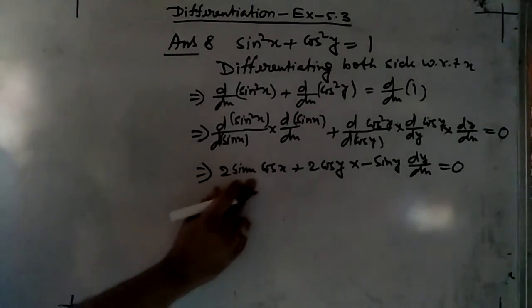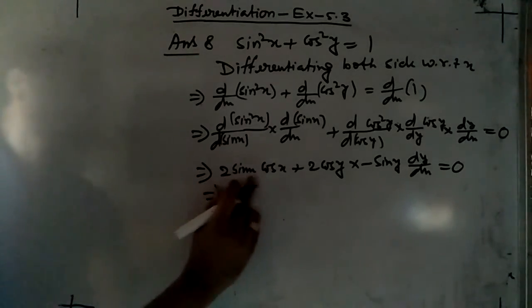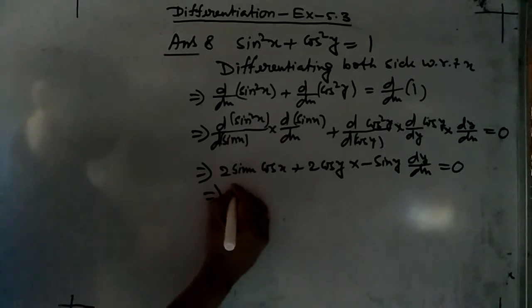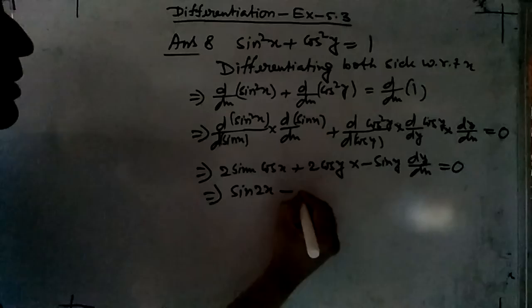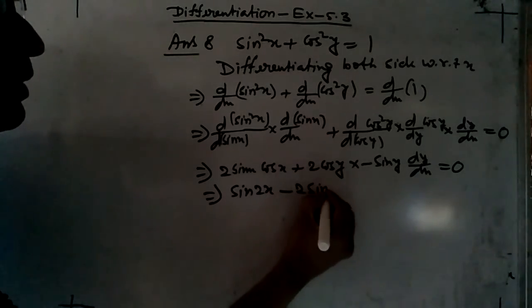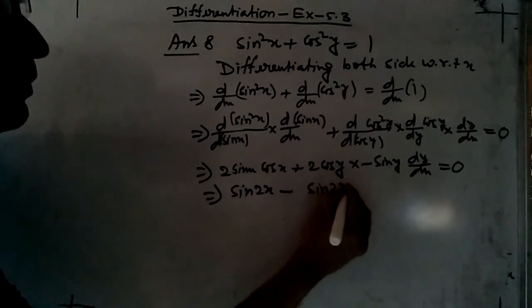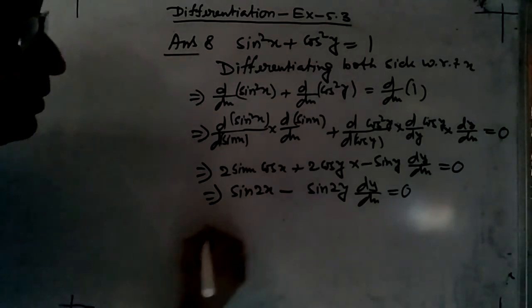Clear? Now 2 sin a cos a is sin 2a. So here we can write sin 2x minus 2 sin y cos y, which is sin 2y, dy by dx equals to 0.